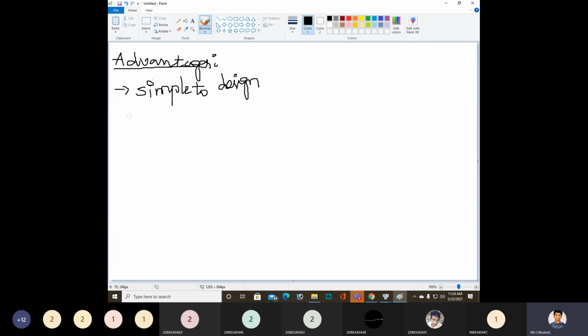The second advantage: it produces output over the AF range. The next point: it produces a sinusoidal waveform as output.